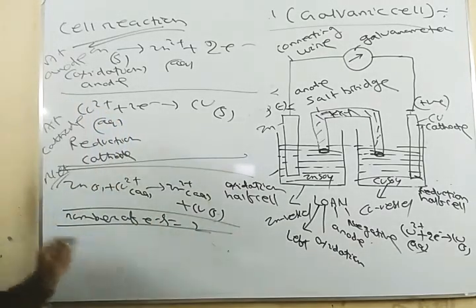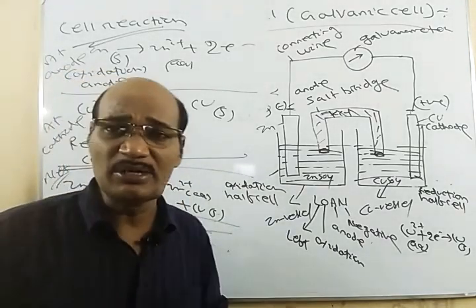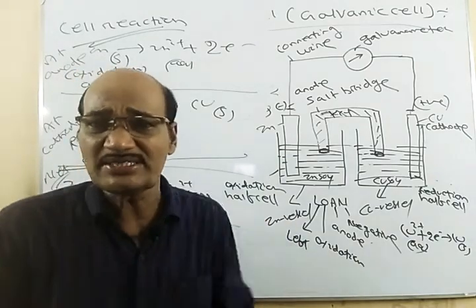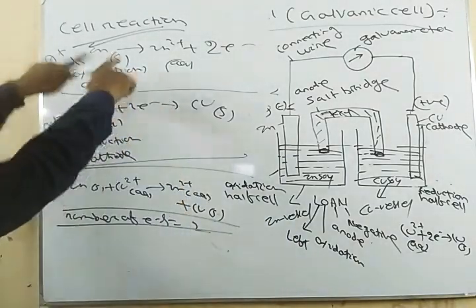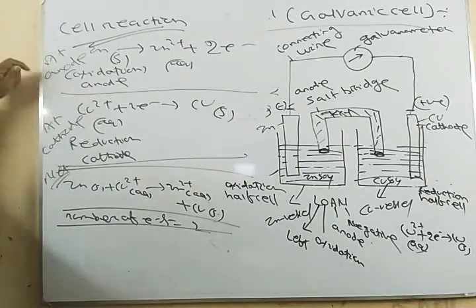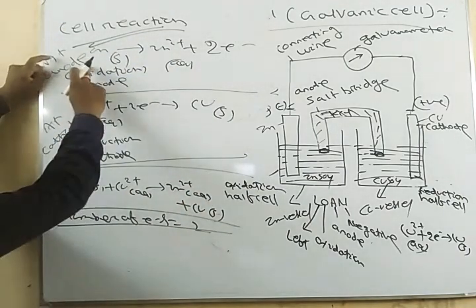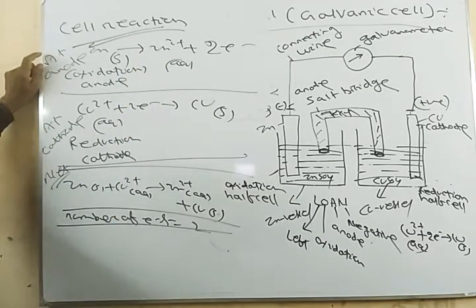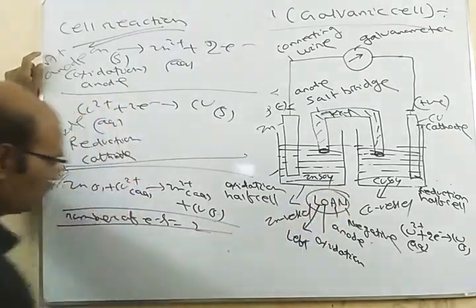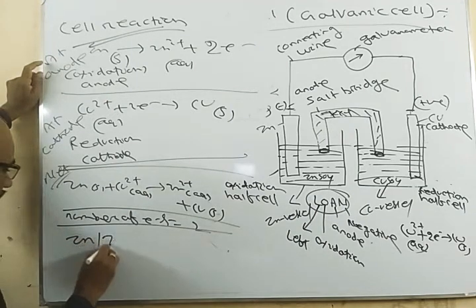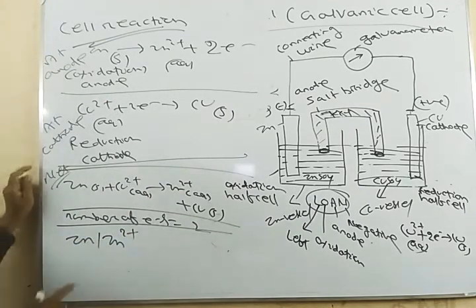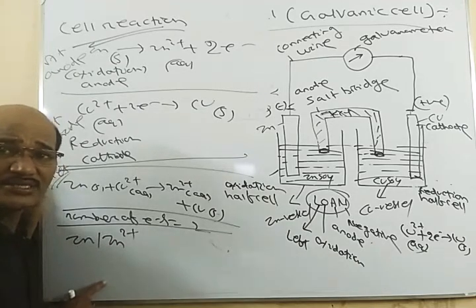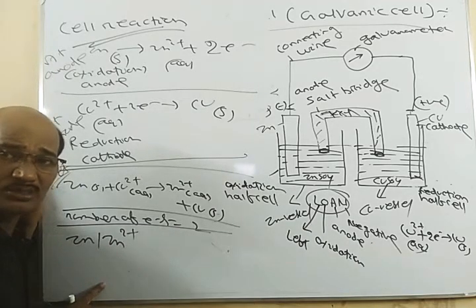Now each cell can be represented as per the IUPAC recommendation. How can we represent a cell? See, for example, in this cell, zinc undergoes oxidation, so zinc is the anode. As I already told you, we write the anode first. So Zn, Zn2+ is the anode. The anode is always written on the left hand side in the electrochemical cell.